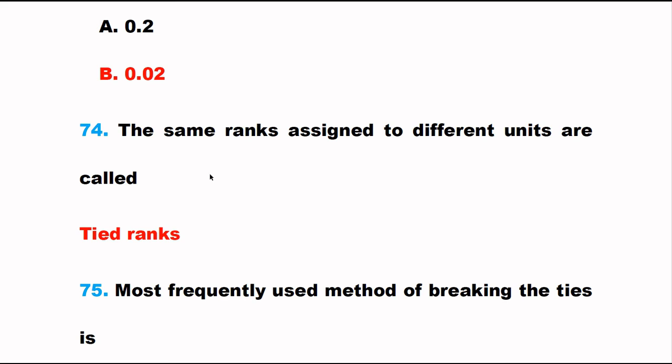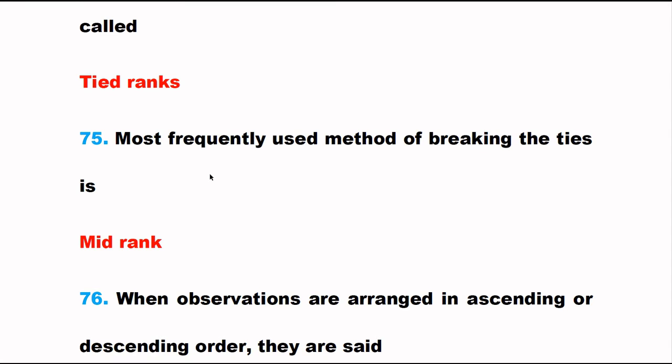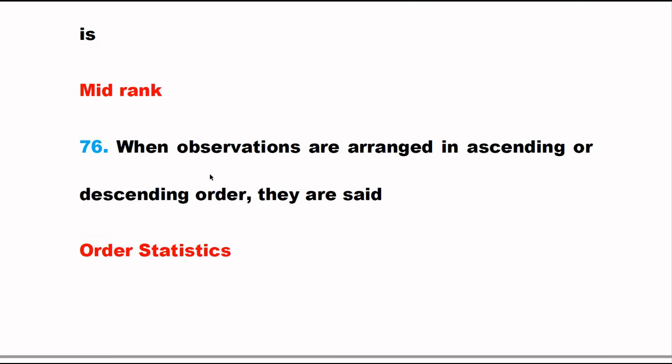The same ranks assigned to different units are called tied ranks. The most frequently used method of breaking ties is mid-rank.